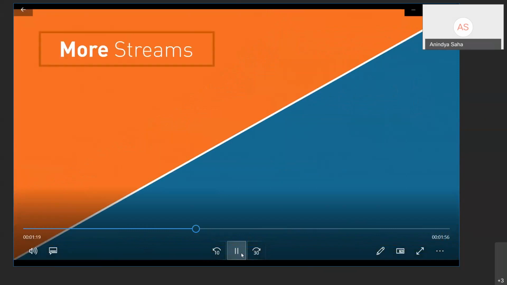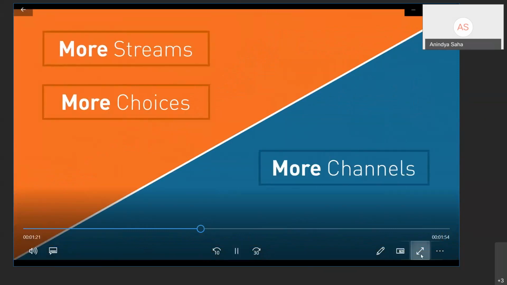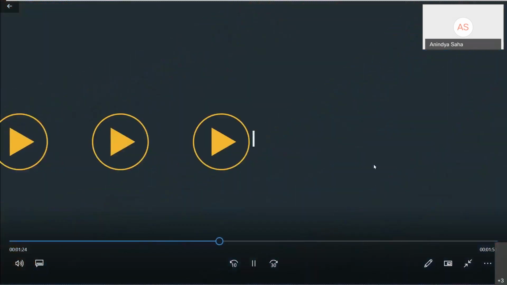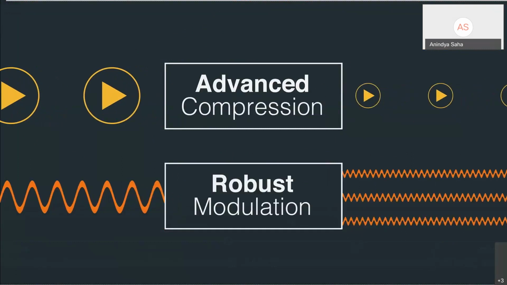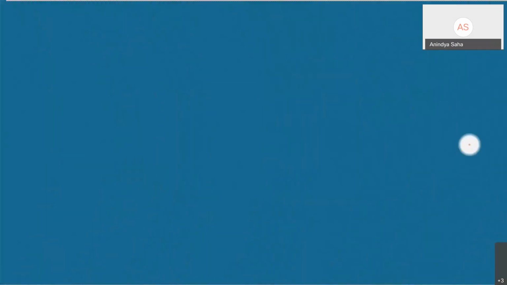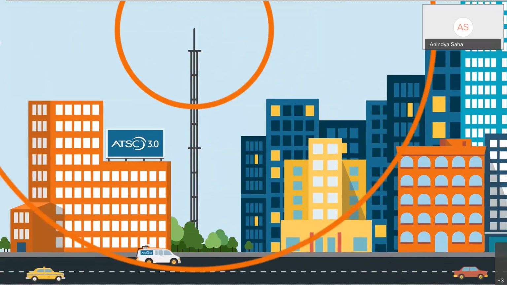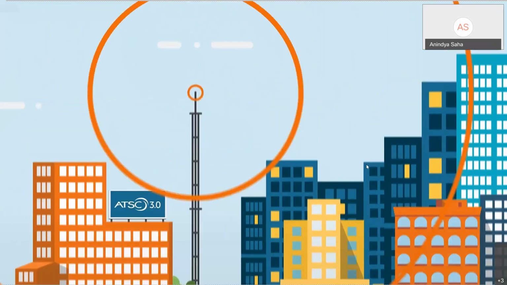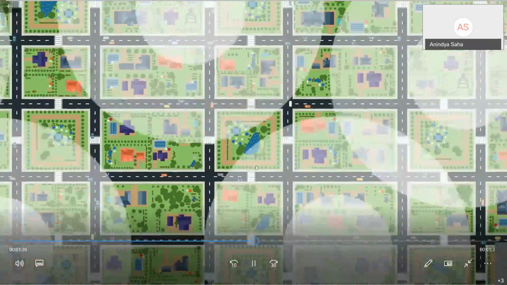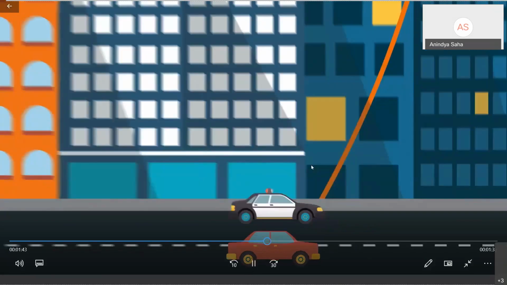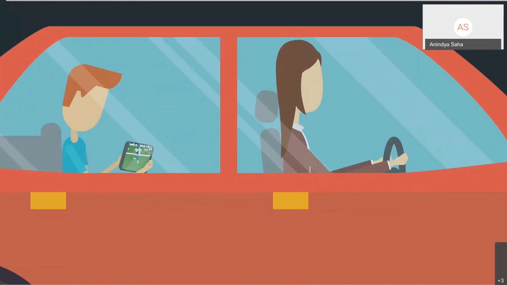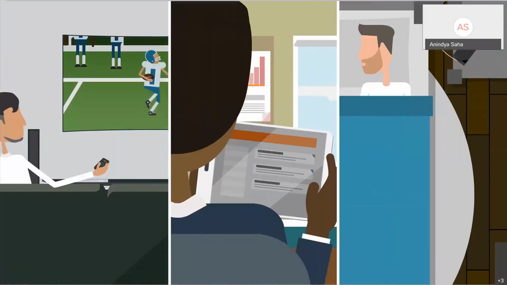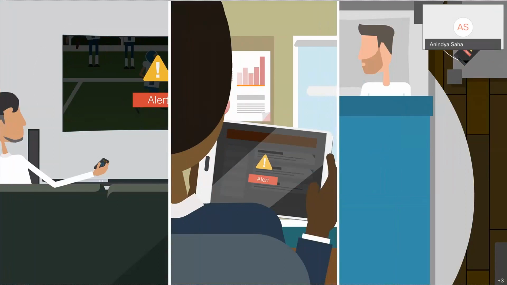So it talks about robustness of this, it talks of SFN networks, and it talks of the fact that it can allow you to receive on mobile devices, and it talks about alerting.